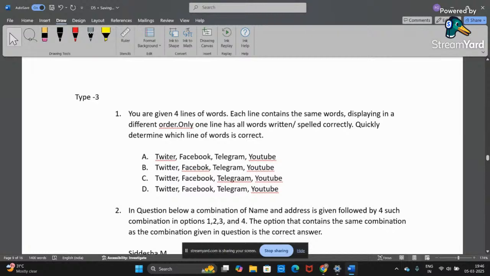Here, Twitter is not spelled correctly. In this, Twitter is correct. Facebook is spelled wrong. So this is not the option. Twitter, Facebook, Telegram. A is extra. This option is also wrong. Twitter, Facebook, Telegram, YouTube. So in this option, D is the right one. All the four words are given correctly.